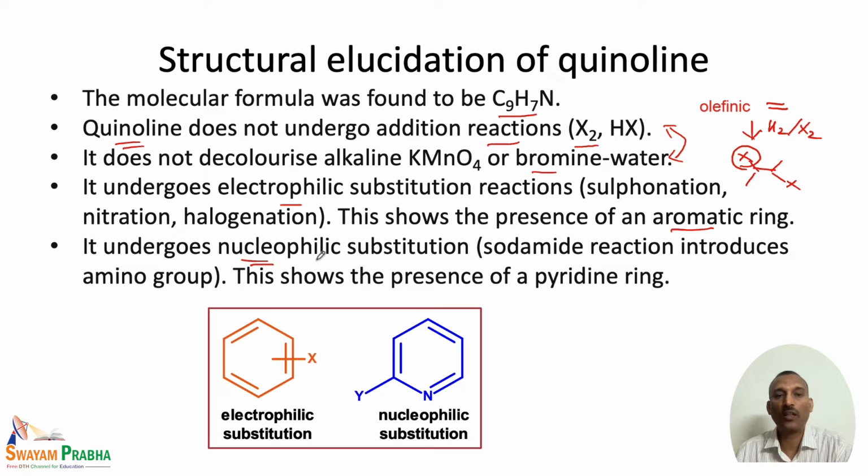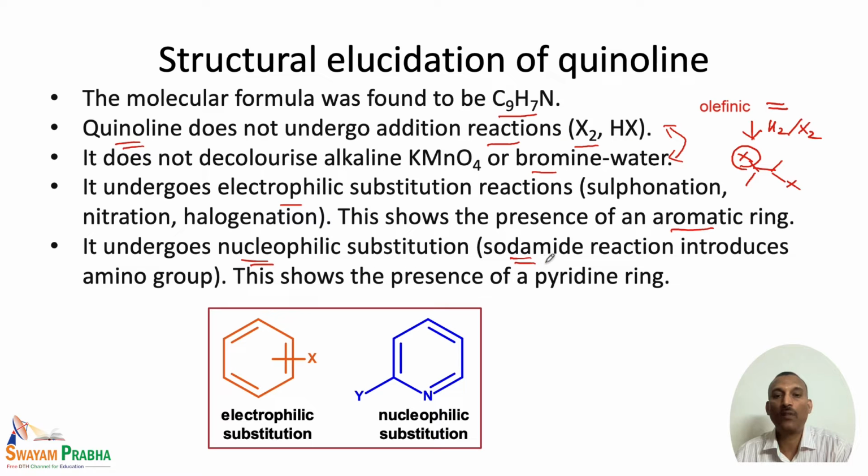In the earlier sessions we studied about pyridine, where the pyridine ring can undergo nucleophilic substitution, whereas the benzene ring can undergo electrophilic substitution. So, a compound undergoing nucleophilic substitution reaction is an example of the presence of a pyridine ring.